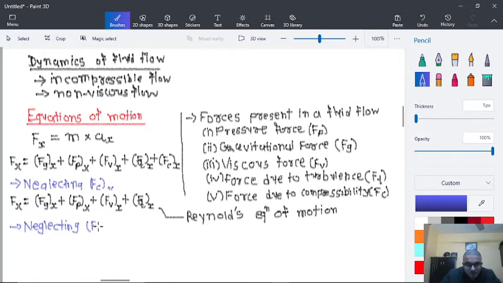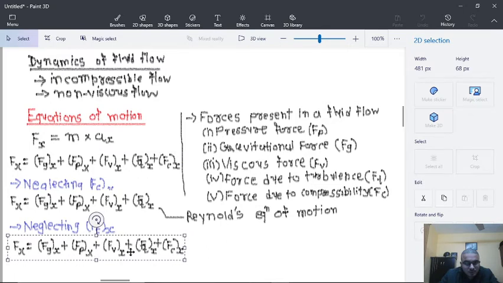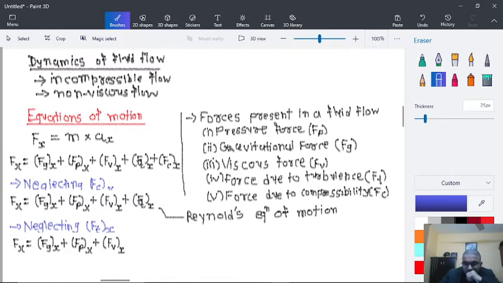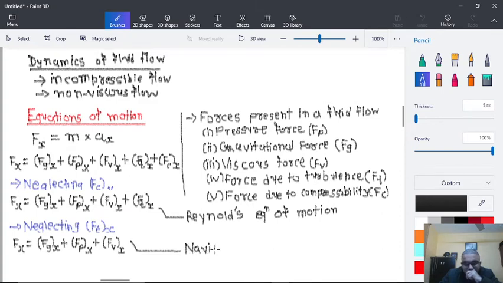So now in that case we are left with this much equation, and this is known as Navier-Stokes equation.